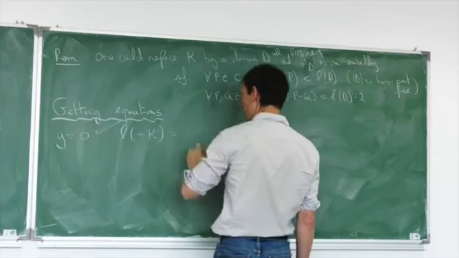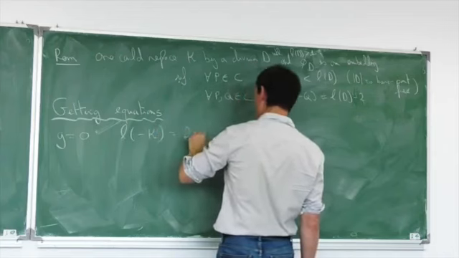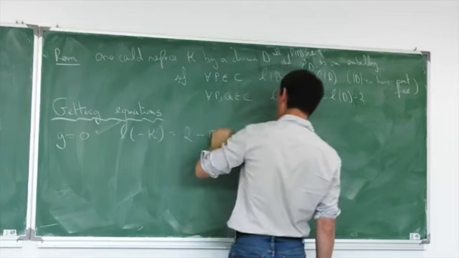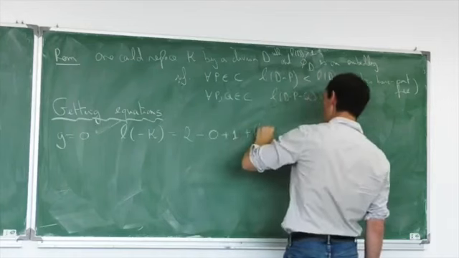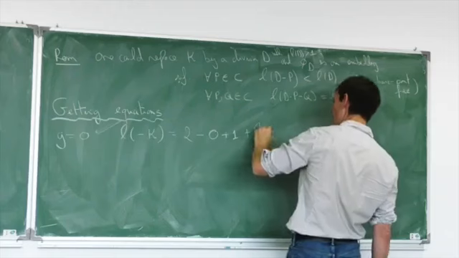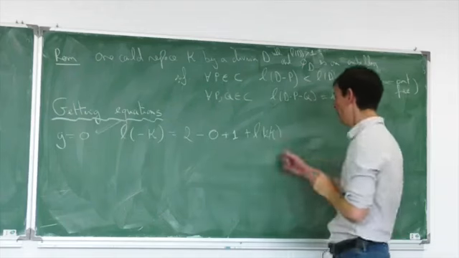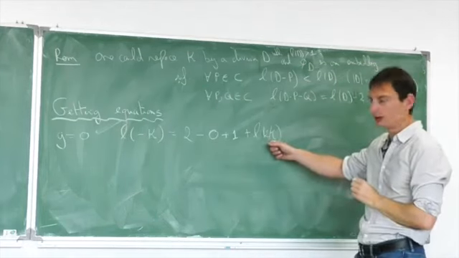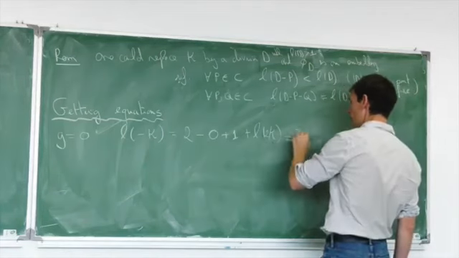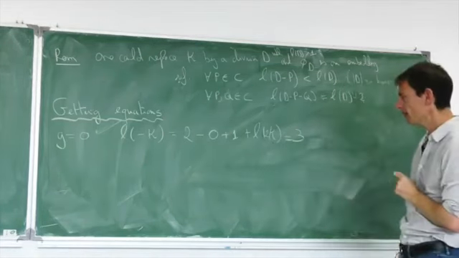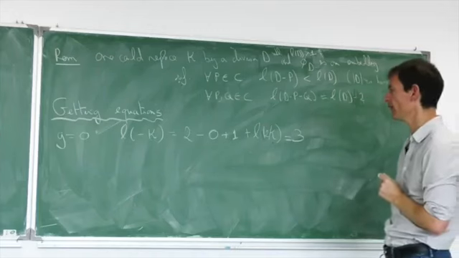The degree of minus kappa is 2. The genus is 0. I add 1 in the Riemann-Roch formula, and then I have L of kappa minus minus kappa, so L of 2 kappa. 2 kappa is of degree minus 4, so this is necessarily 0, so this is 3. So there are plenty of functions inside this space, so this is nice.